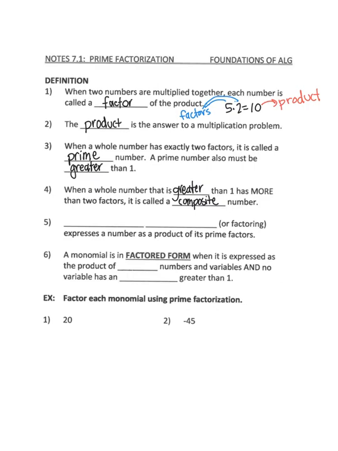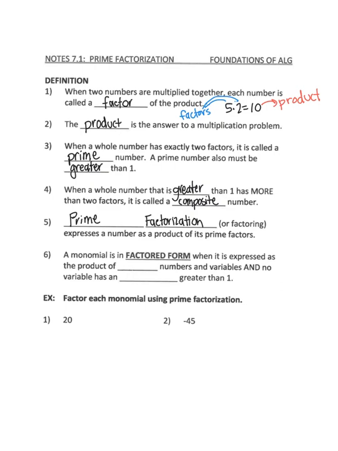If we use prime factorization, or factoring, this expresses a number as a product of its prime factors.